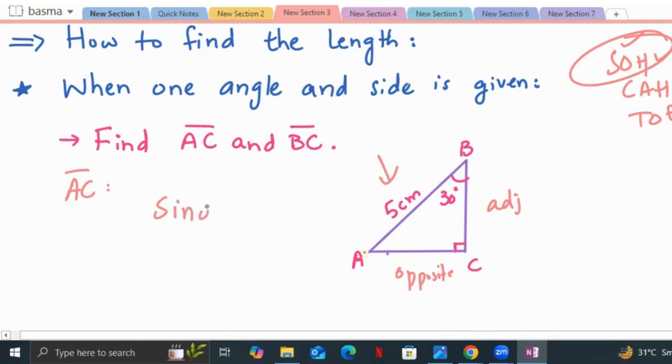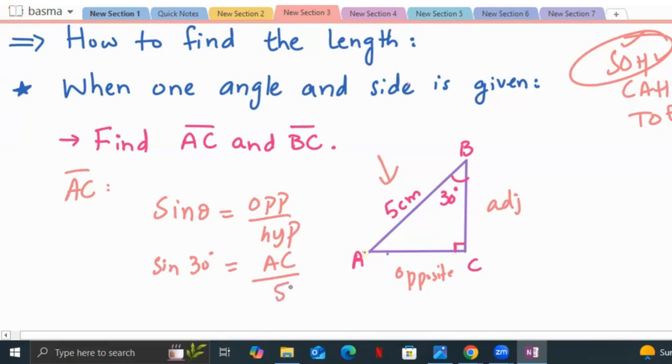So it's going to be sine of theta, since sine of theta is opposite over hypotenuse, and theta is 30 degrees. So sine 30 degrees is equal to the opposite side, which is unknown, so I'm just going to write it as AC over hypotenuse. The hypotenuse here is 5.